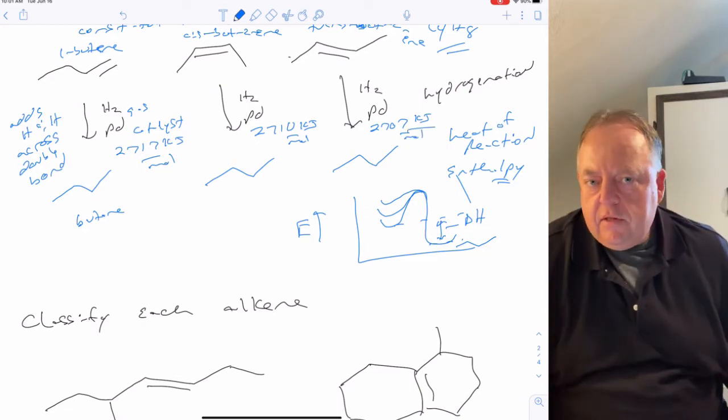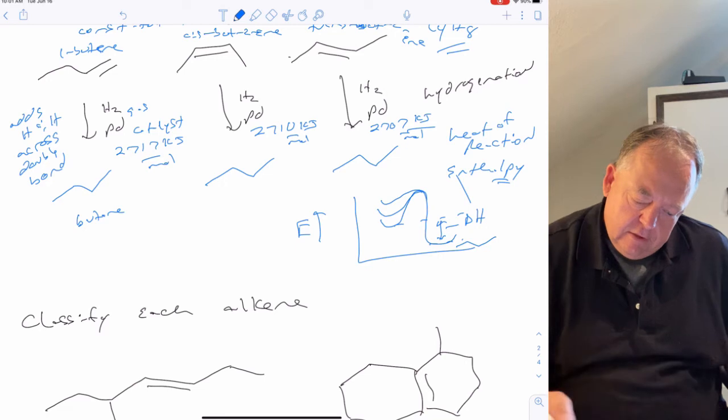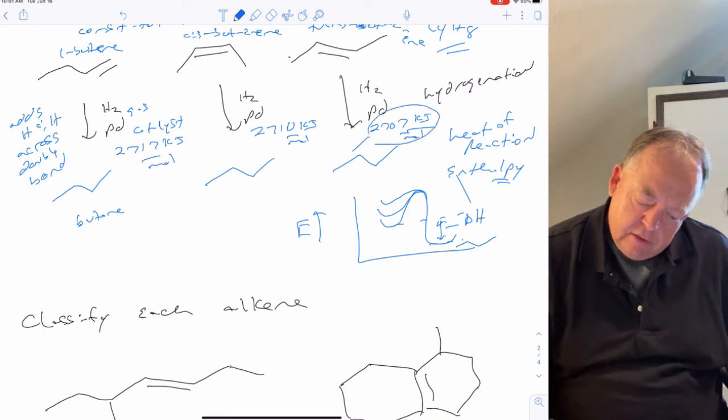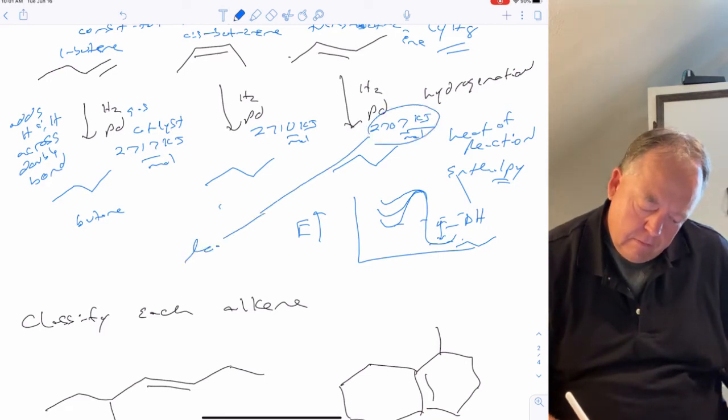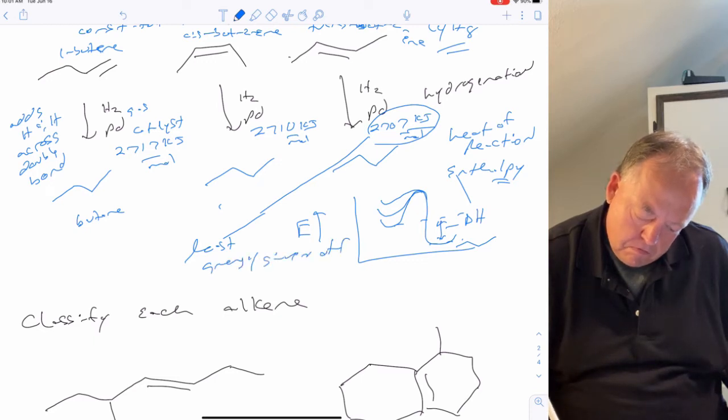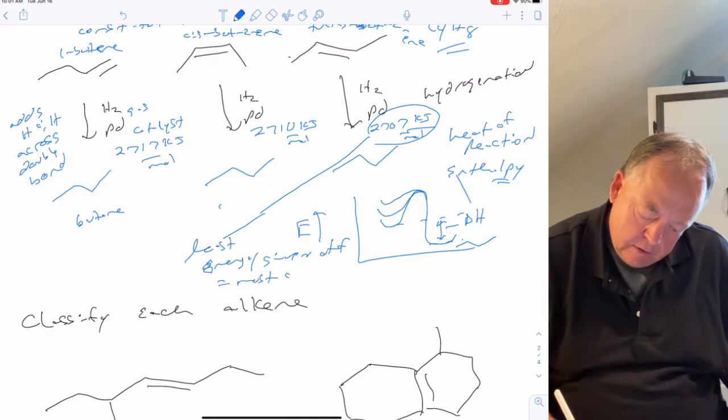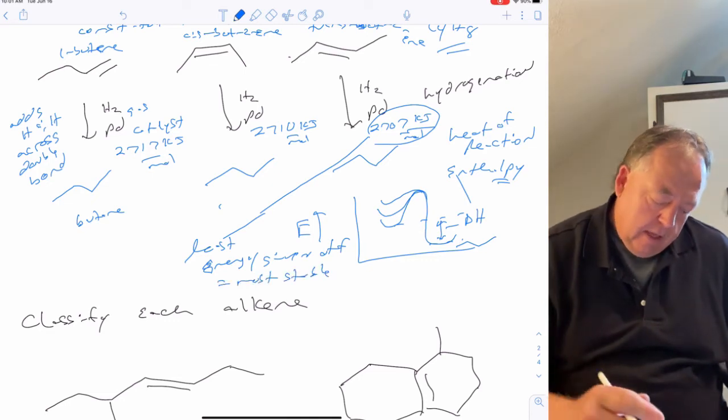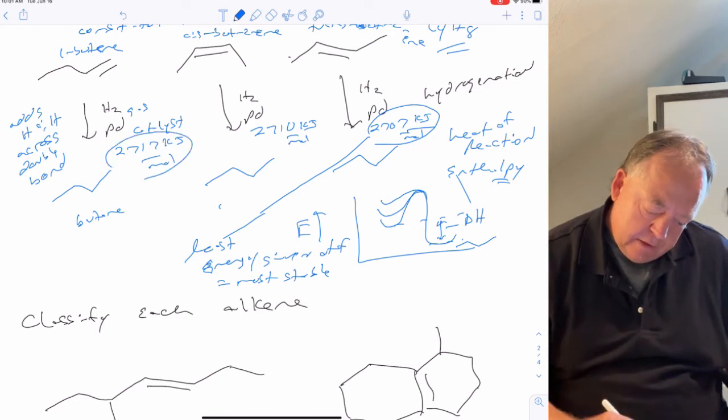The one that gives off the least energy is the most stable. So least energy given off equals most stable. And the most energy given off is the 1-butene.